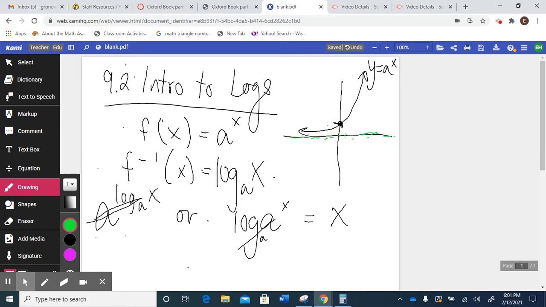Now, if we were to flip that across the diagonal line, y equals x here, and to draw the log, it looks like the flipped over version of that. So first off, it doesn't have a y-intercept, it has an x-intercept now. It is curving downwards like this.